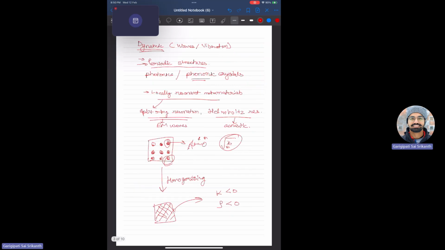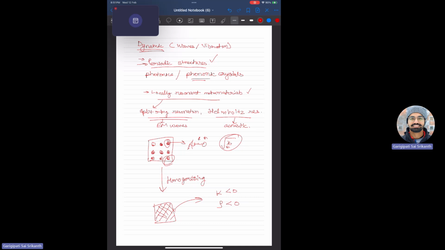And in dynamics also we covered some of that, and we spoke about negative modulus, negative density, and what are the ingredients: broadly, either you can use periodicity, or you can use locally resonant inclusions.